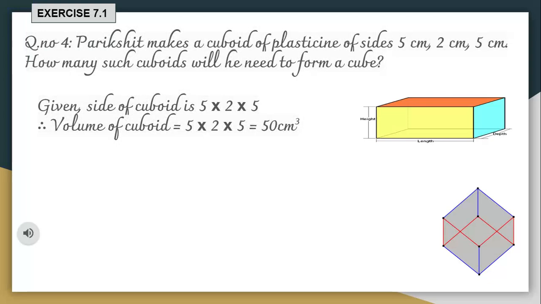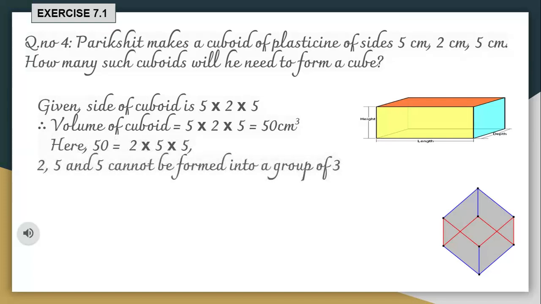Now let us see the prime factorization of 50. What are the prime factors of 50? That is 2 into 5 into 5. Now see the numbers that must be multiplied with these factors to make it a group of 3. So here we have to multiply 2 with 2, and 5 into 5, two 5s are there, isn't it? With one more 5.